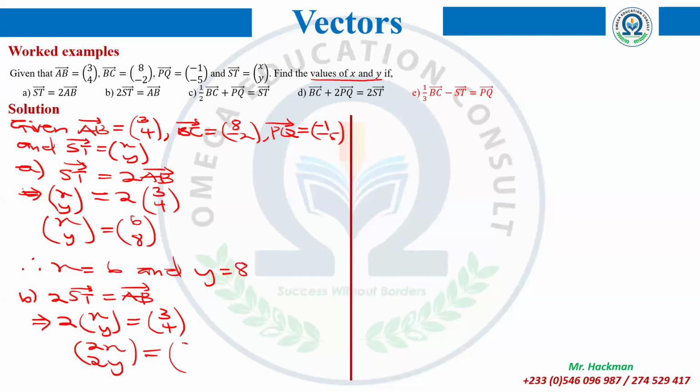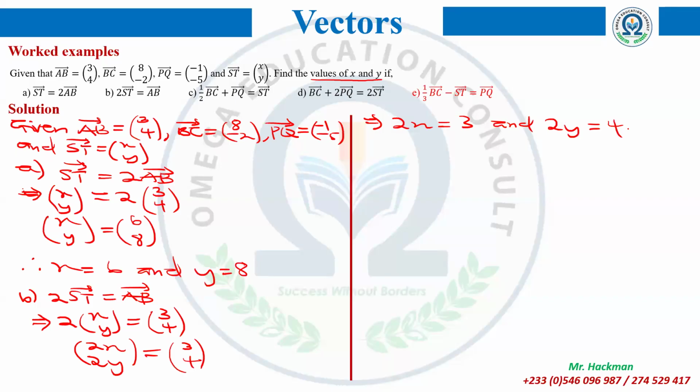My professors, I hope you are following. Yes. Okay, very good. Now we are asked to find the values of x and y. By equality of vectors, I can write that this implies 2x should be equal to 3, so that my x component is the same, and my y component should also be the same. And 2y should be equal to what? 4. My professors, are you with me?